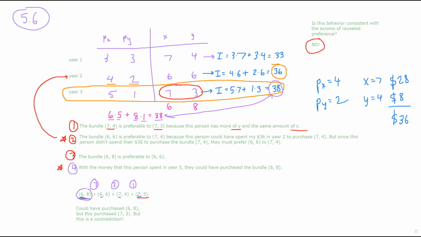So we've got this long chain of events that ultimately says 6.8 is better than 7.3. And yet, with the money that I had in year 3, I could have bought 6.8, and I still opted to purchase what bundle? I purchased 7.3. This is a contradiction. So no, this is not consistent with axioms of revealed preference.